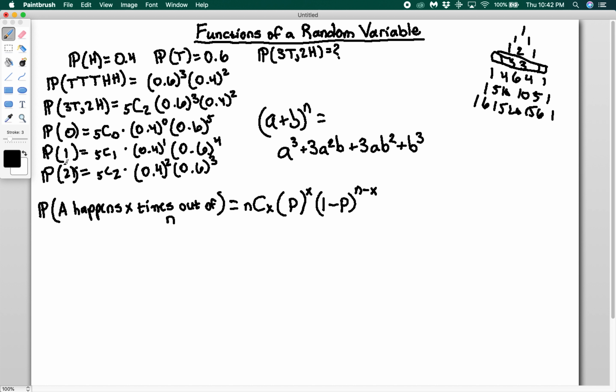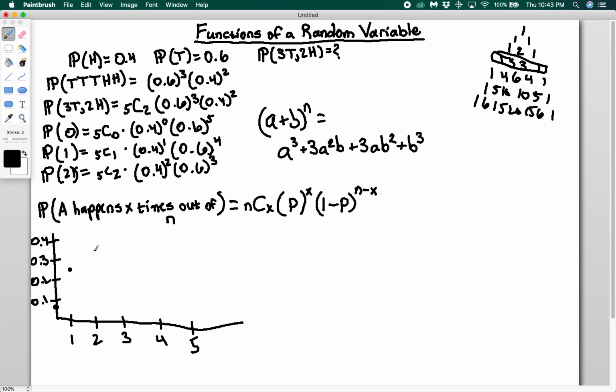So if we take this example, we can calculate the values for this. It's a horrible graph, but that's okay. So we have 1, 2, 3, 4, and 5, and the probabilities, if you calculate these out: 0 is 0.07776, that's going to be like here. 1 is 0.2592, so it's going to be around here. 2 is 0.3456, which is here.